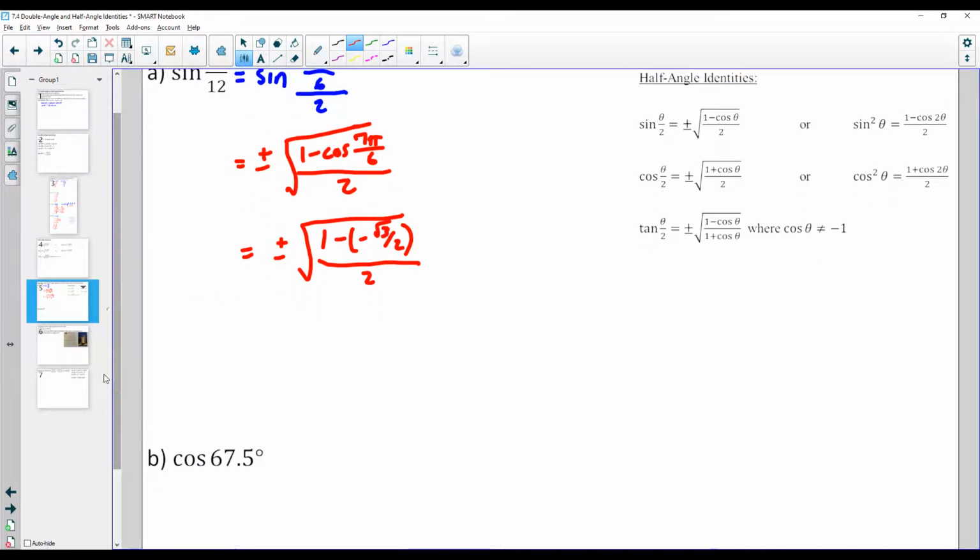core to pre-calculus. So we really have 1 plus the square root of 3 over 2, and 1 is the same as 2 over 2, right? So we can actually combine the tops there, and this is the square root of everything, plus or minus technically.